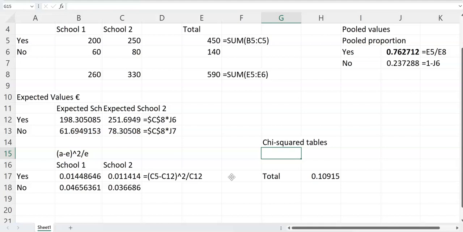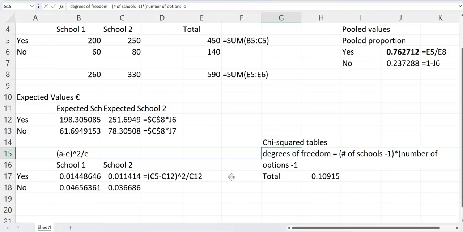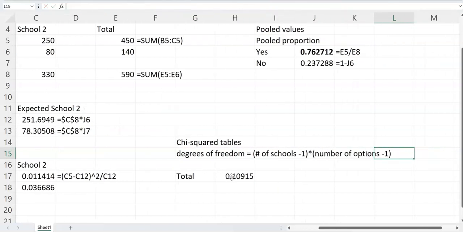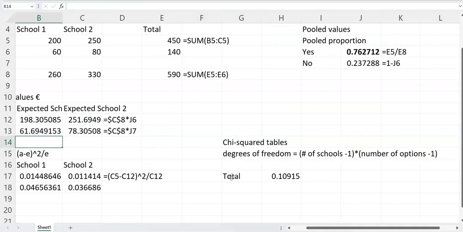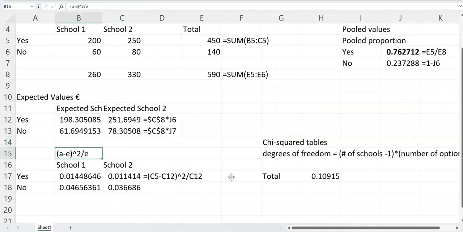The degrees of freedom will be equal to the number of schools minus 1, times the number of options minus 1. Currently we have 2 schools, so the number of schools is 2, and the number of options is yes or no, so that is also 2. So my degrees of freedom will be 1.